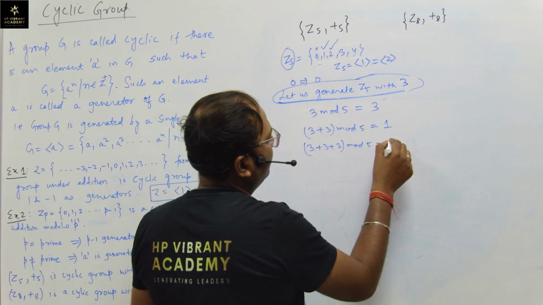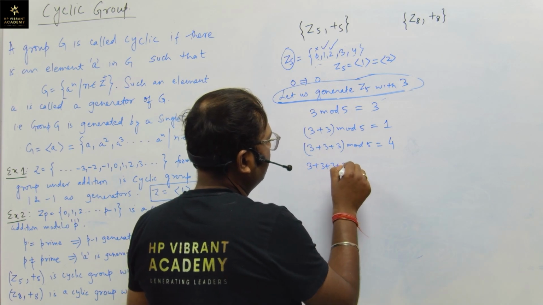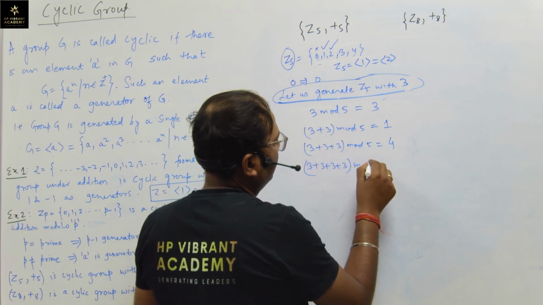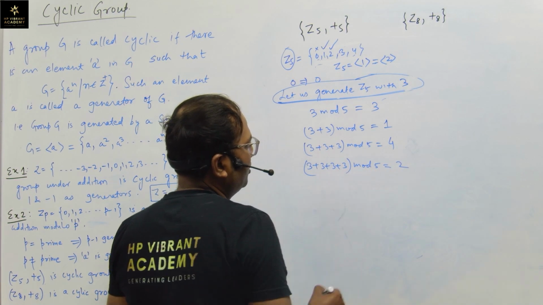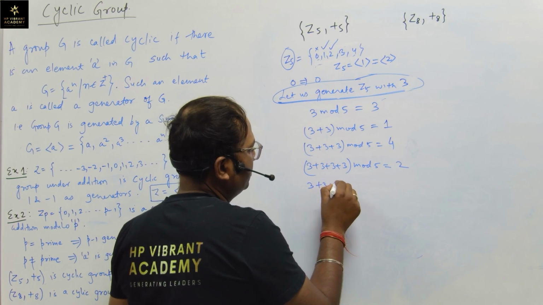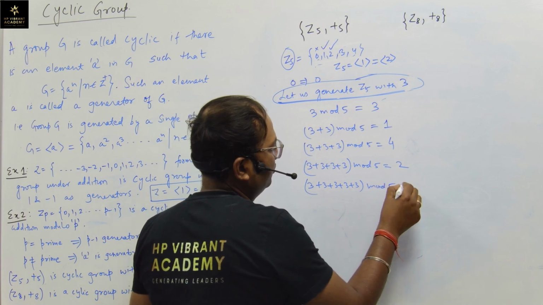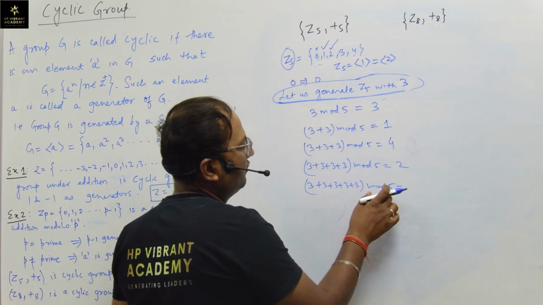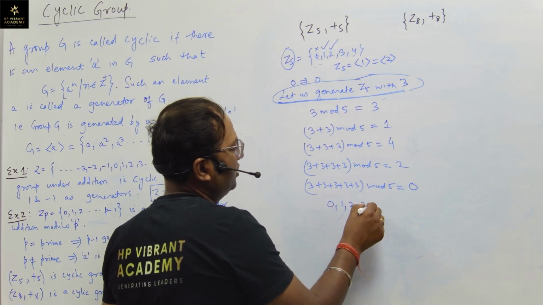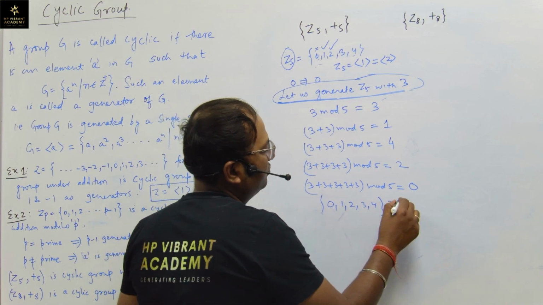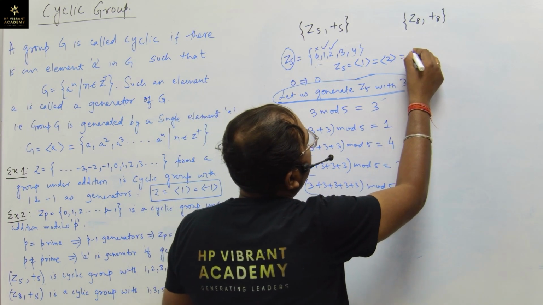This is 9 mod 5. This is 4. We have 3 plus 3 plus 3 plus 3 mod 5. This is 12 mod 5. This means remainder is 2. Now we have 3 plus 3 plus 3 plus 3 plus 3 mod 5. This is 15 mod 5. This means remainder is 0. So elements are 0, 1, 2, 3 and 4. This is equal to Z5. This means 3 is also generating Z5.